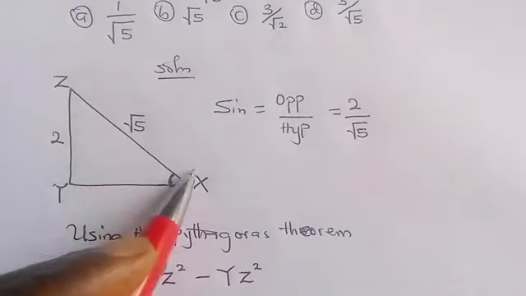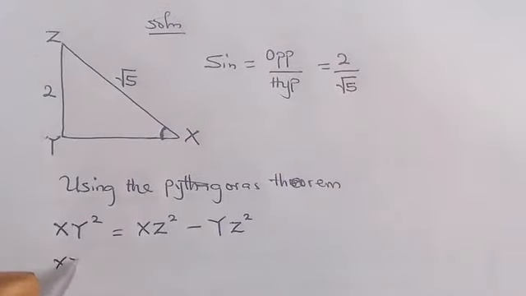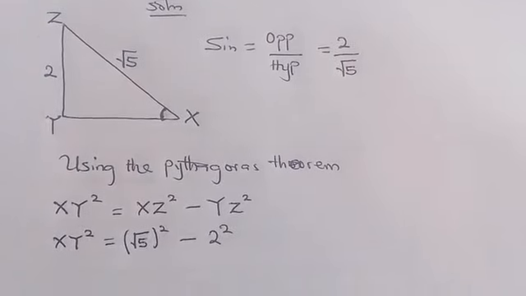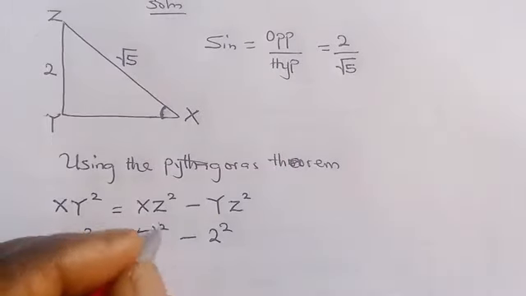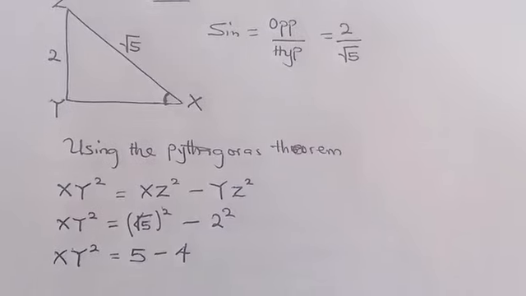So xy squared is equal to root 5 squared, which is 5, because the square root goes with the square, minus 2 squared, which is 4.